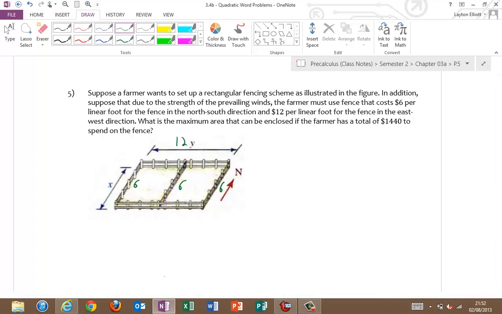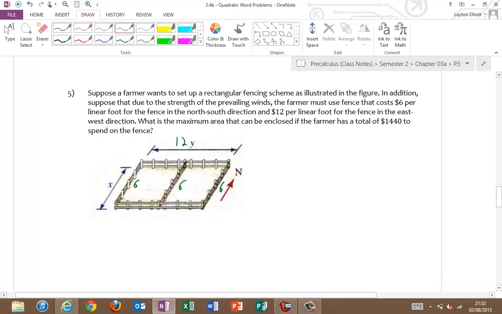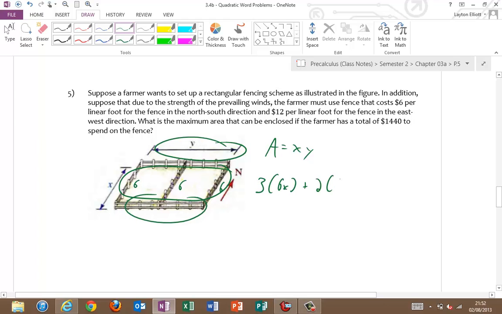Okay, well, we can start building functions like we used to. I know that area is equal to x times y, and I know that my total cost of the x's would be 3 times 6x plus, and then I have two of these pieces, 2 times 12y. 6x was the cost for the x parts, 12 was the cost for the y parts.